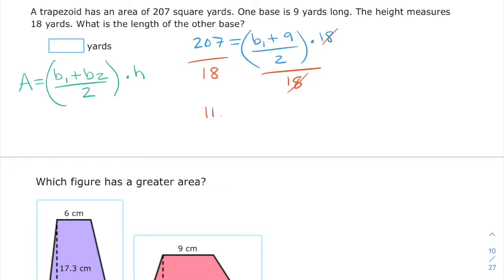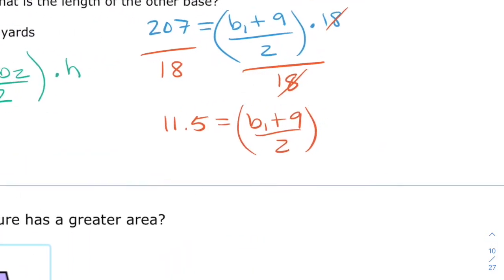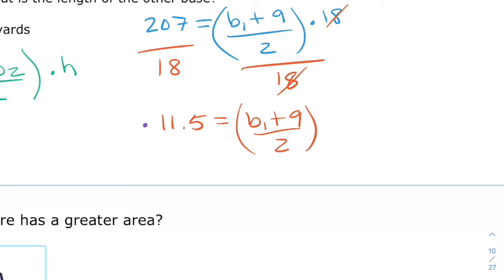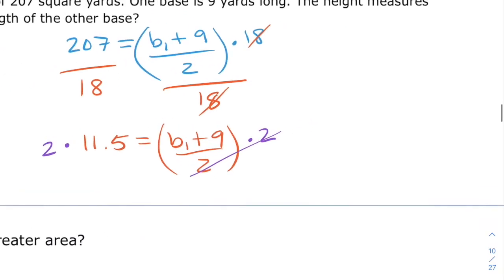So I get 11.5 equals B1 plus 9 over 2. Multiply both sides by 2. So we get 23 equals B1 plus 9.